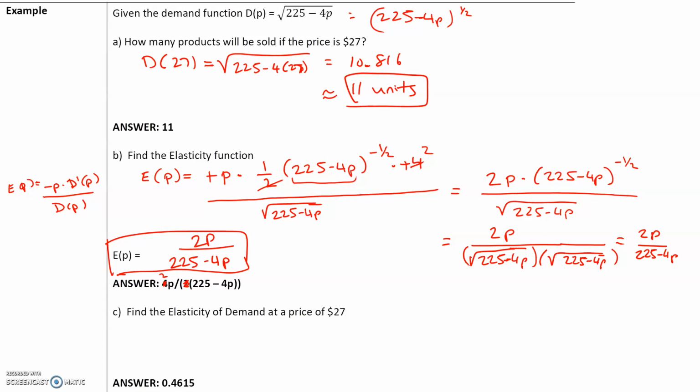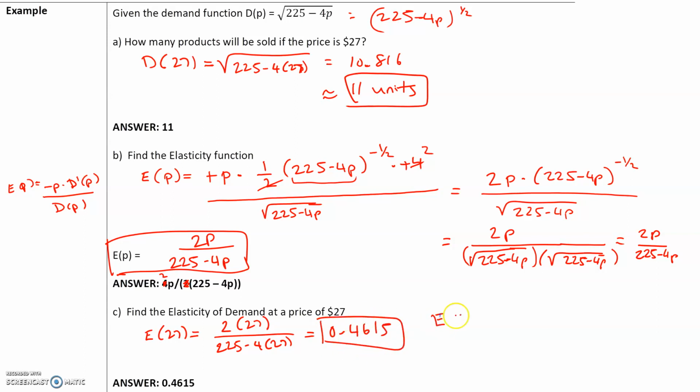What is the elasticity of demand at a price of $27? The elasticity of demand at $27 is equal to 2 times 27 divided by 225 minus 4 times 27. If we simplify this, it gives you 0.4615.